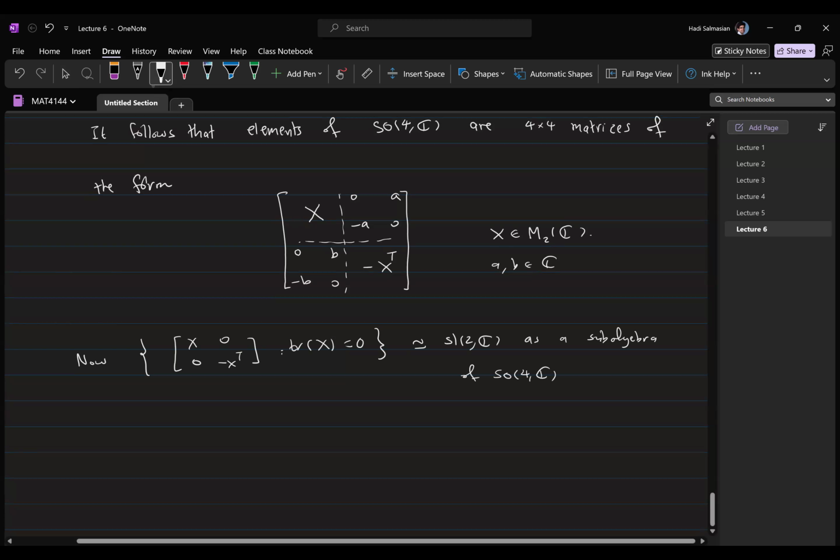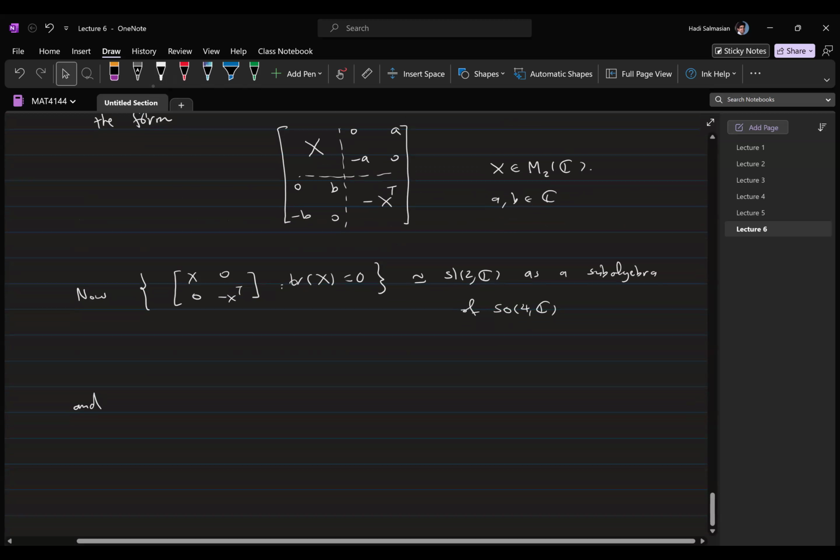And now where's the other one? Well, I have not used the diagonal here, and those two other positions which have the A's and the B's. So now I can take H to be this matrix, 1, 1, minus 1, minus 1.